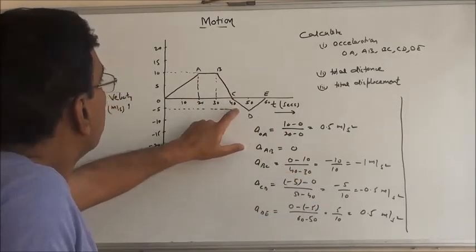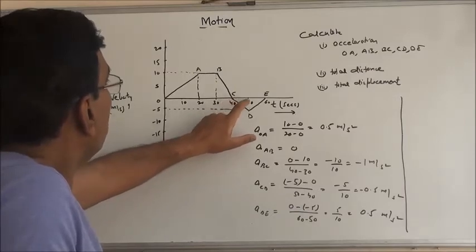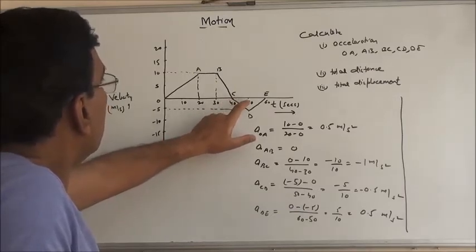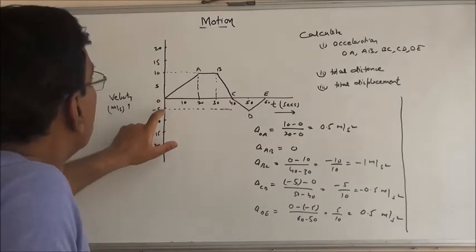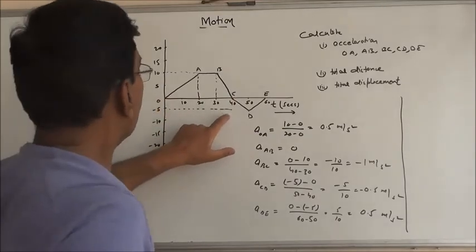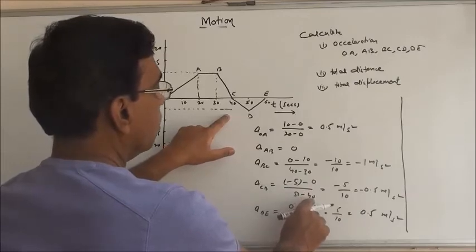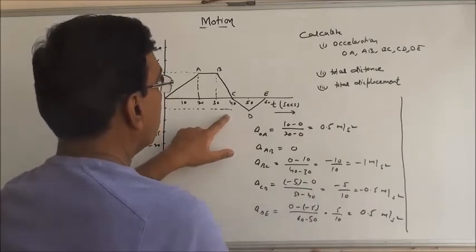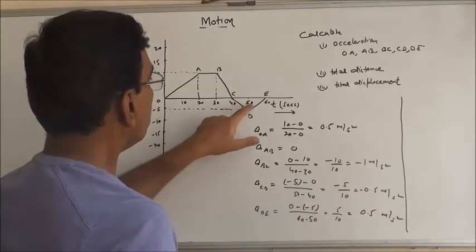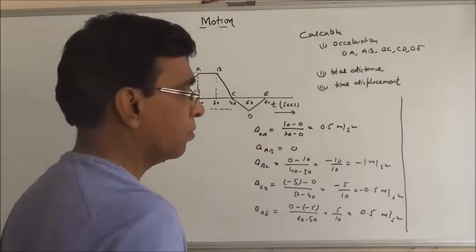Now here, from 40 to 50, in 10 seconds the change is from 0 to minus 5. So minus 5 minus 0 upon 50 minus 40 gives 0.5, and the same way here.